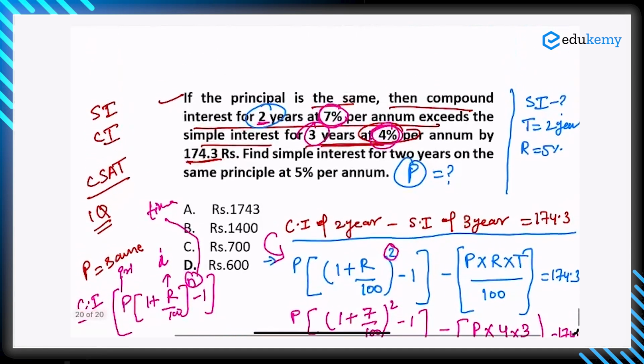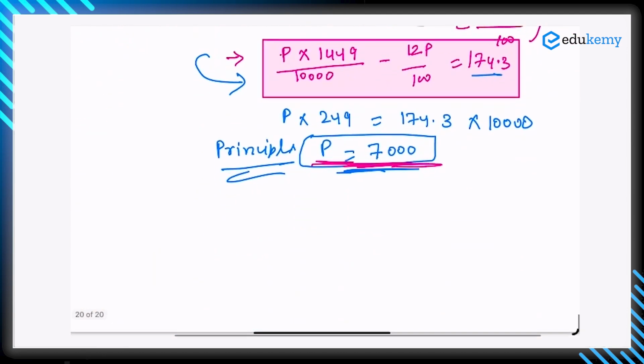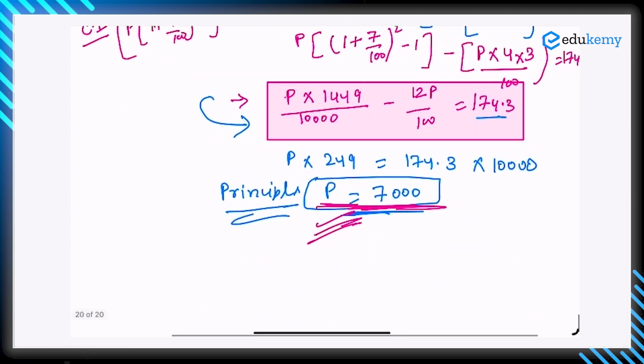Now, as per the question, we need to find out the simple interest for 2 years on the same principal, जो हमने निकाला है, at 5% per annum. Here we have the principal of 7,000 rupees that we have calculated from the equation.